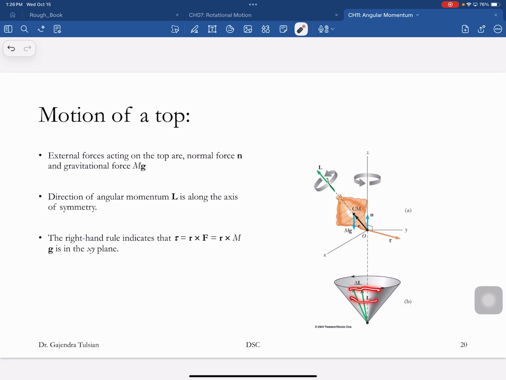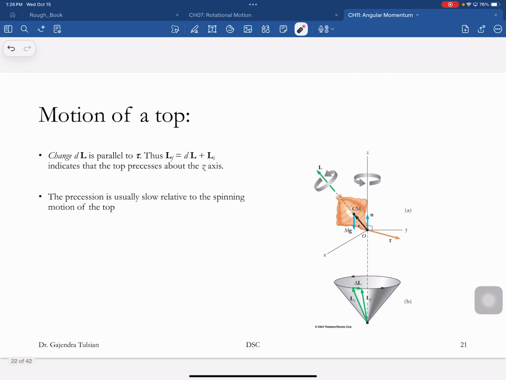And as it keeps turning, the change in angular momentum will be on the surface of this cone. And the object will precess. Okay? And it turns out that the faster this is rotating, the slower the object will precess. Okay? So the effect of the torque on a spinning top is to make it precess.